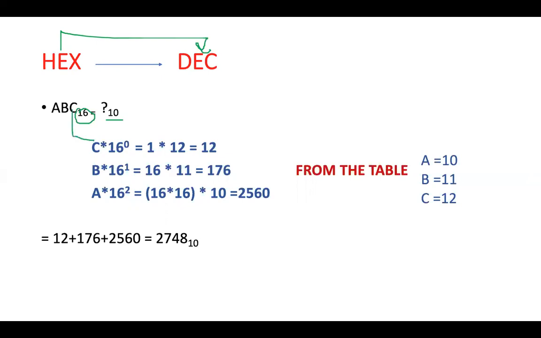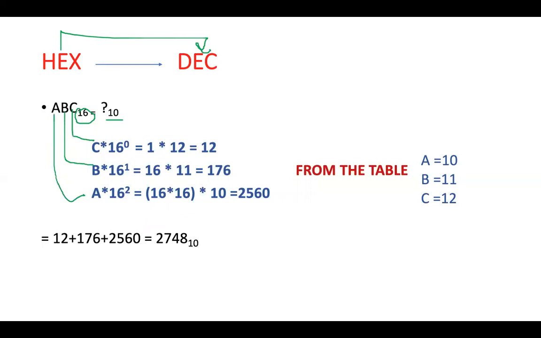So this is C, this is B, this is A. Okay, so we are going to bring the value of this letter from the table. In hexadecimal, we always start from 0 to 9. After 9, we start from A to F. After F, we are going to start with 10 again.